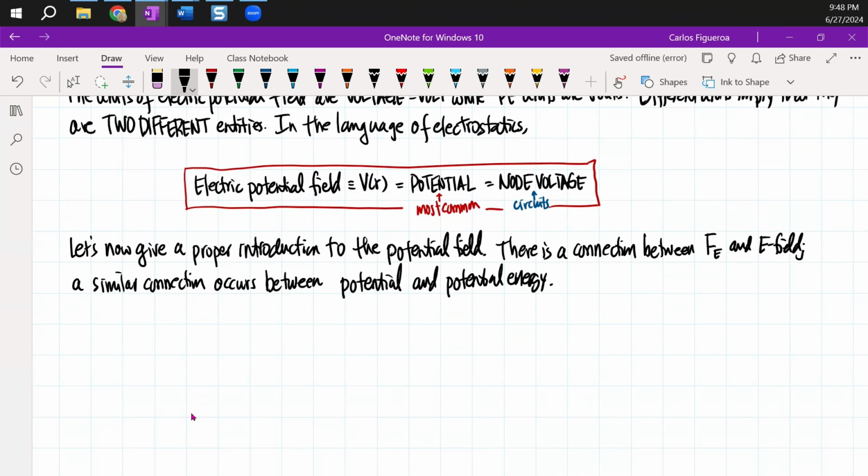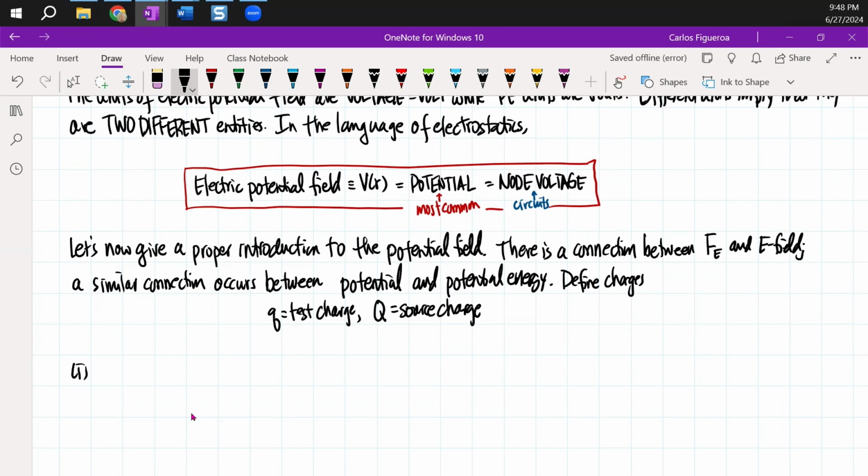So just for the sake of making things clear, define charges little q as the test charge, and then big Q as the source charge. So now let's look at these connections here.